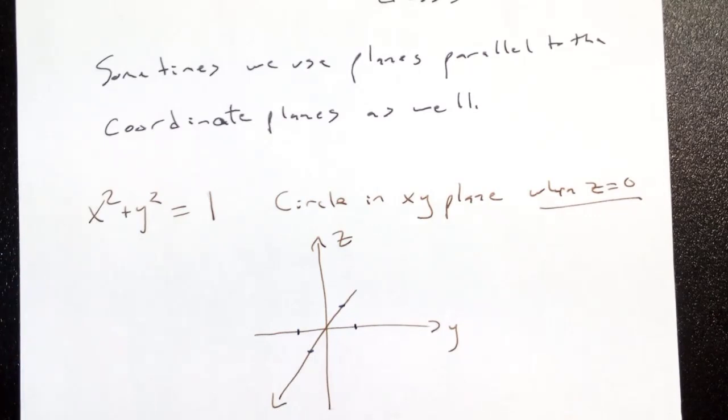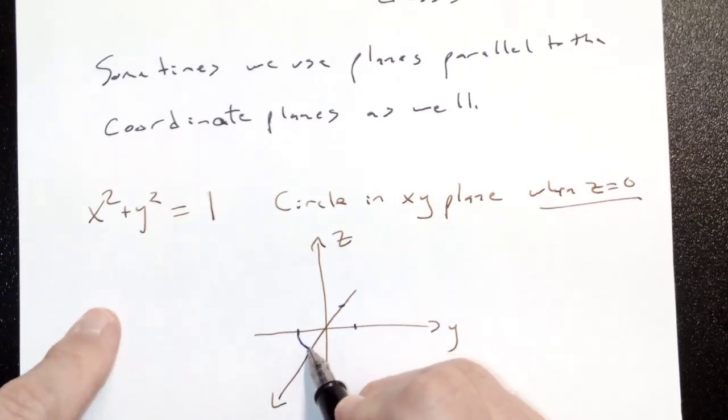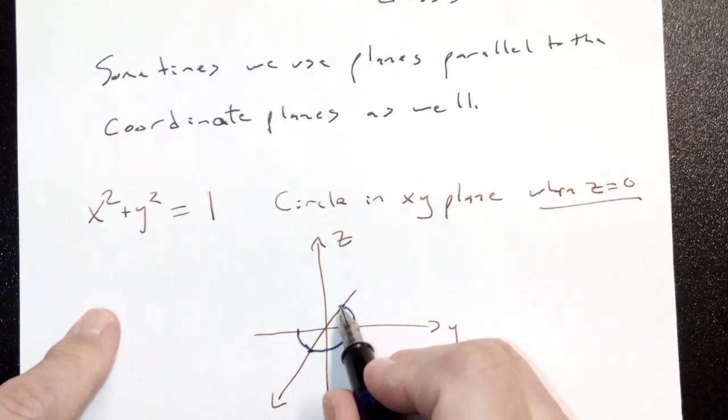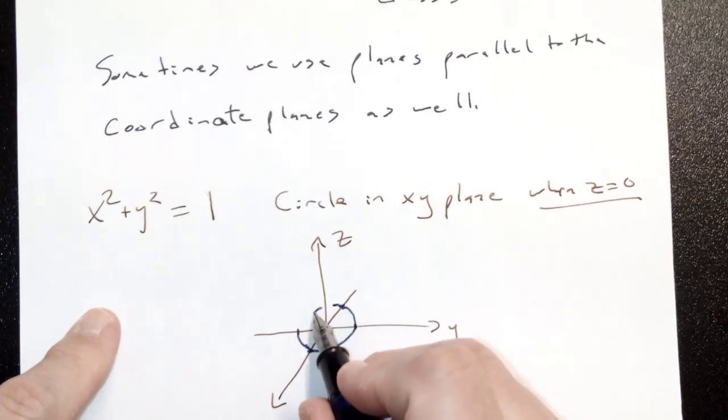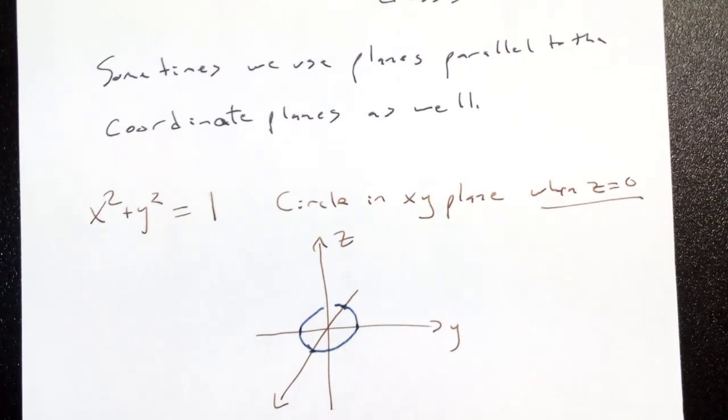Now, here's where I have to use what little artistic talent I have, because I want to show that this is in the xy plane, so I show it going over that, but under this. See how that little gap kind of indicates that the top of the z-axis is in front of it from my perspective? But that's the circle at height 0.